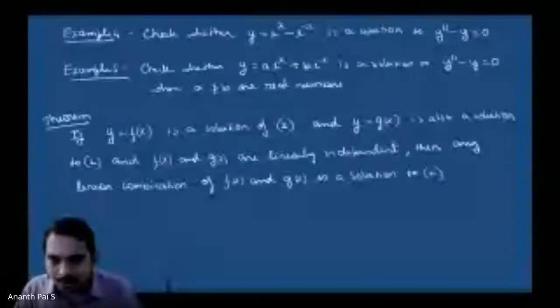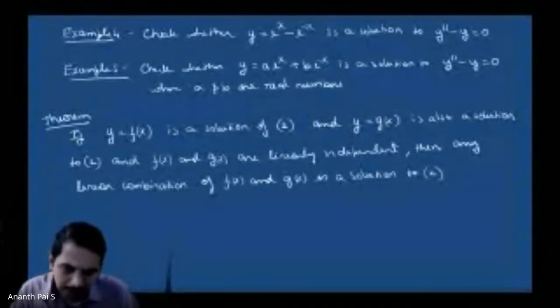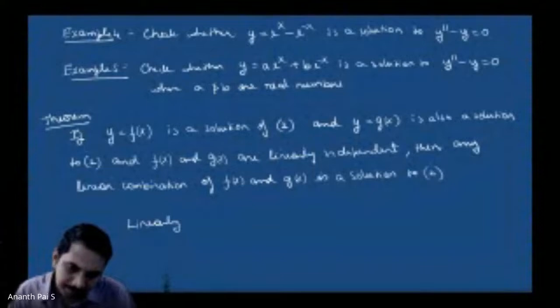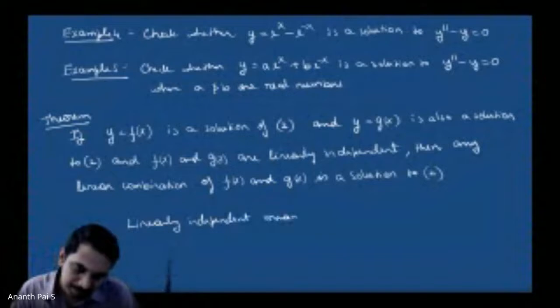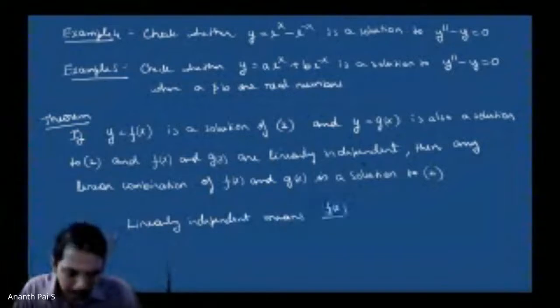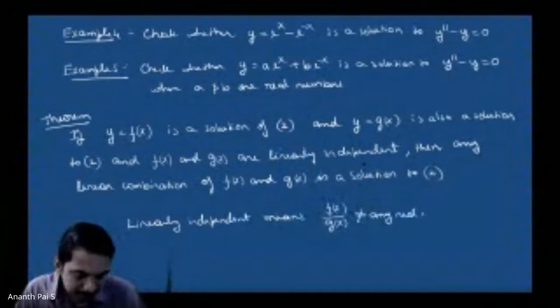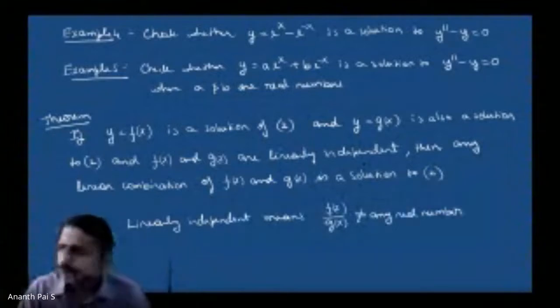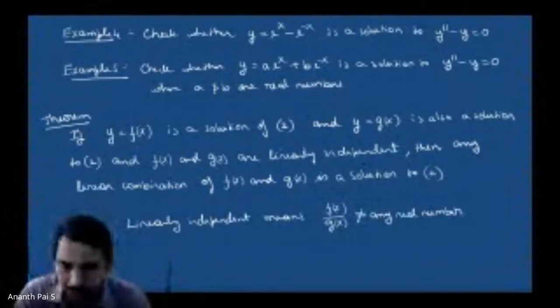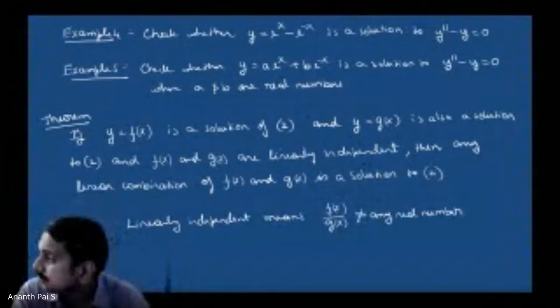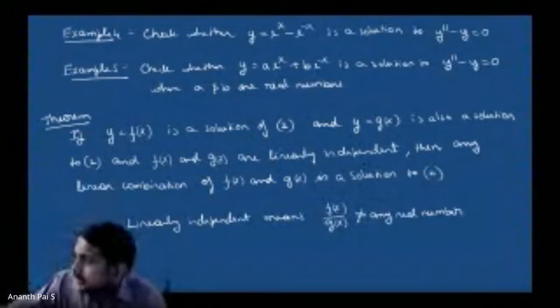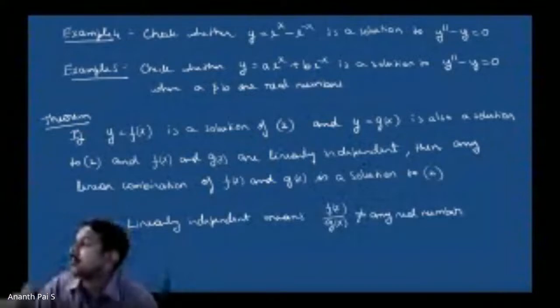Now what do you mean by linearly independent? It means f of x by g of x should not be equal to any real number. Then it is linearly independent. It means f of x by g of x should return a function rather than a number.